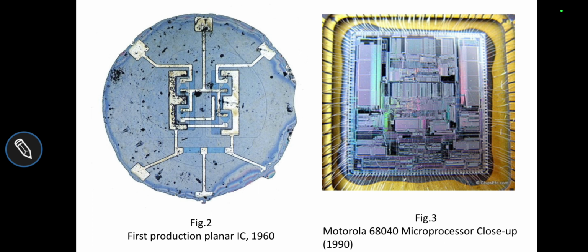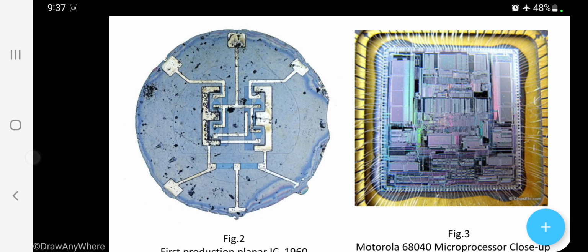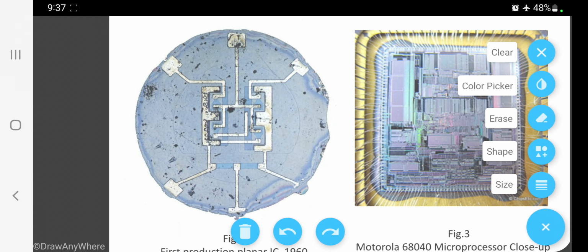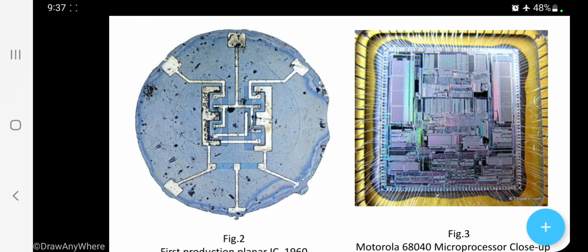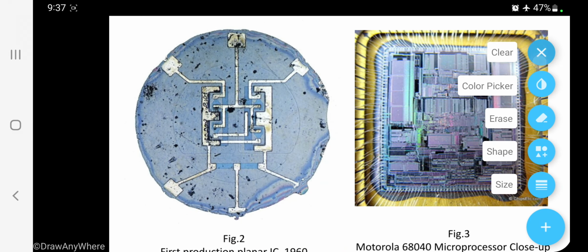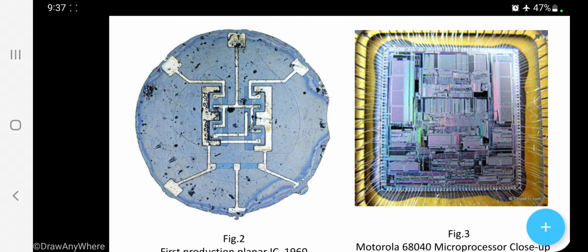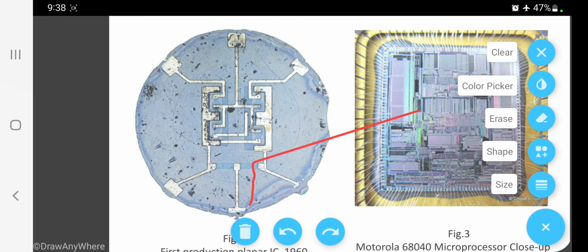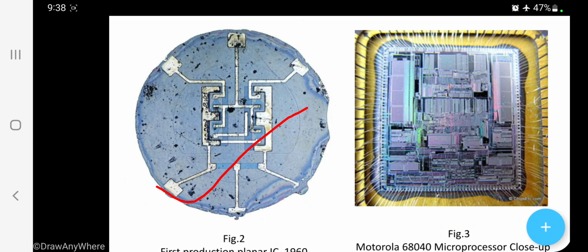In 1960, you can see here you have two images. In this figure 2 you have a single transistor planar IC which was designed in 1960.